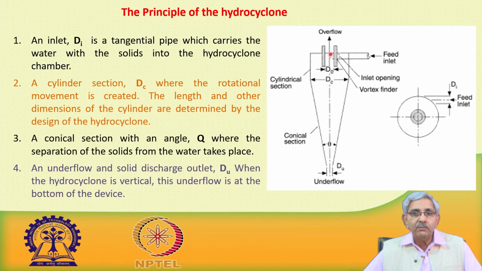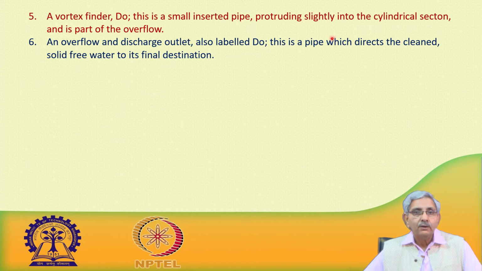So, there is another pipeline in the cylindrical part of this section. So, the clean water is coming out of the system. So, overflow or discharge outlet is also labeled by d naught, this is the diameter which directs the clean or solid-free water to its final destination.